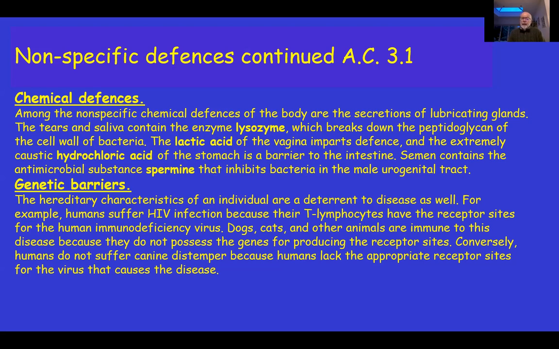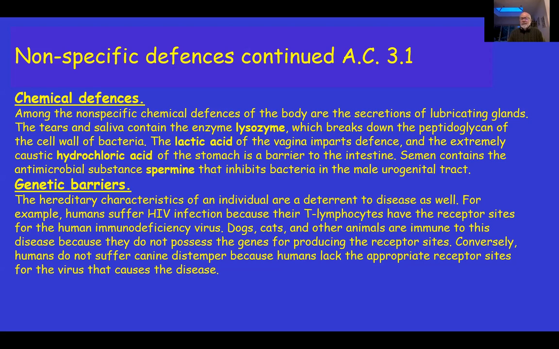Genetic barriers. Hereditary characteristics of an individual can deter certain diseases. For example, humans suffer HIV infections because their T lymphocytes have receptor sites for the human immunodeficiency virus. They found that the body can learn to produce these, and therefore can actually pass it on.